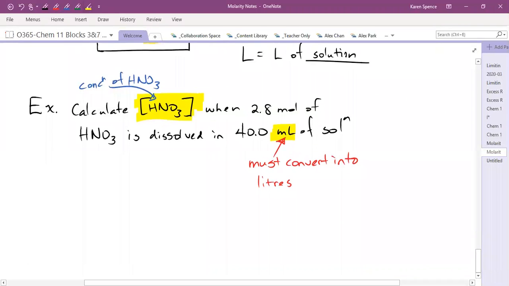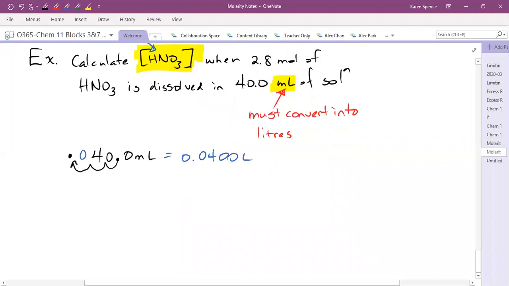There's a couple ways to do this. You can simply move the decimal place 3 places, and that will give me my volume in liters. So that would then be 0.0400 liters.